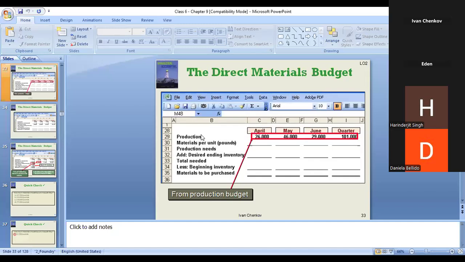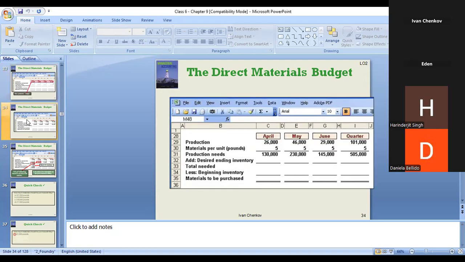So again, we start preparations. Our preparations start with the production. We get the production. Then we're adding the pounds that we need to produce one unit, and we're getting the total of the pounds that we need to guarantee our production.